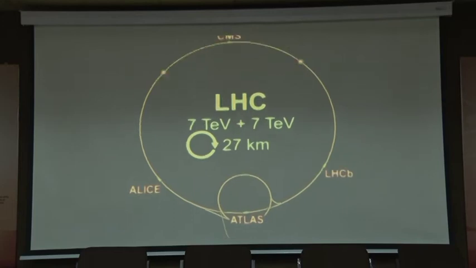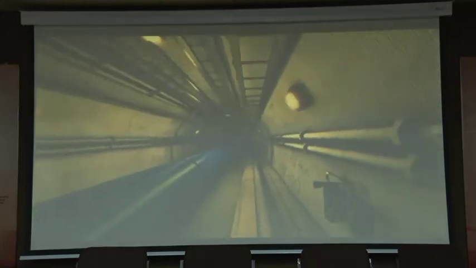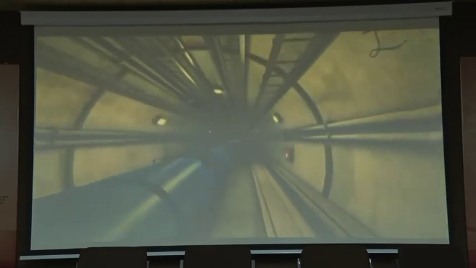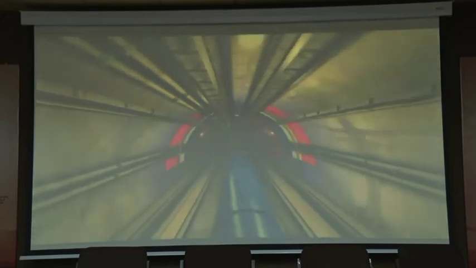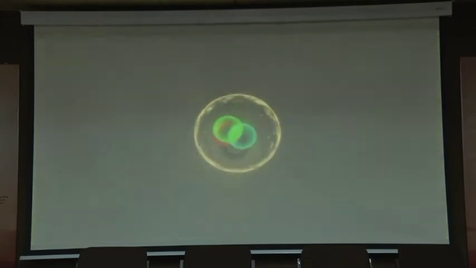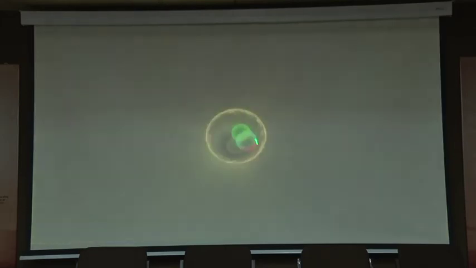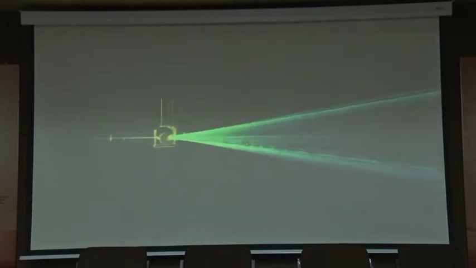So after that it goes to the LHC ring, okay, and this is the tunnel. This is a huge tunnel underground. This is the LHC tunnel, and here you see the beam pipe. The beam pipe is inside, and inside the beam pipe you have the proton beams moving around, and then at the interaction point you see beams coming from both sides and colliding.